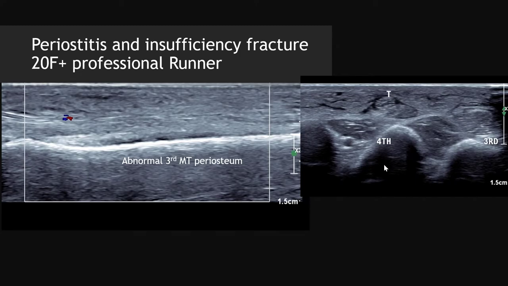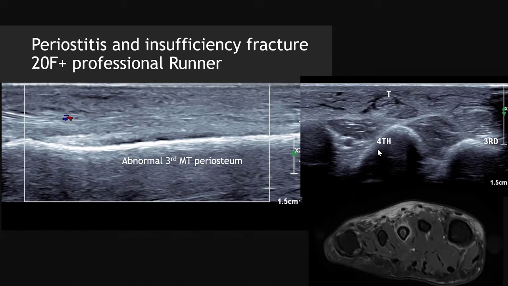So a favourable outcome from you sending that patient off to MRI is that the report simply says isolated stress fracture. So in this 20-year-old female athlete who ran a lot on hard surfaces, we can see periosteal changes, we can see increased echogenicity of the overlying soft tissue, we can see soft tissue edema, tenosynovitis, and she was then sent for an MRI to exclude Freiberg, and she didn't have Freiberg, so that's excellent.